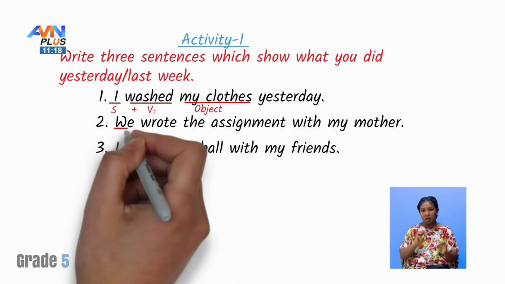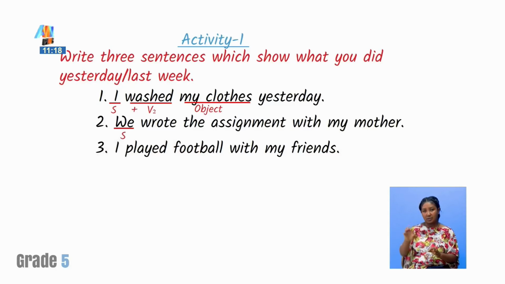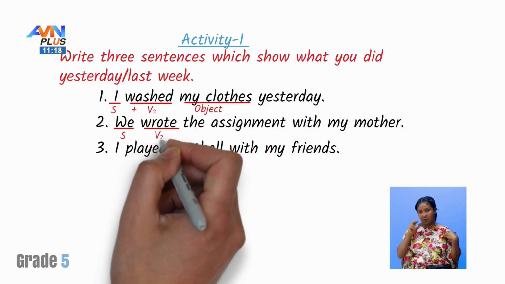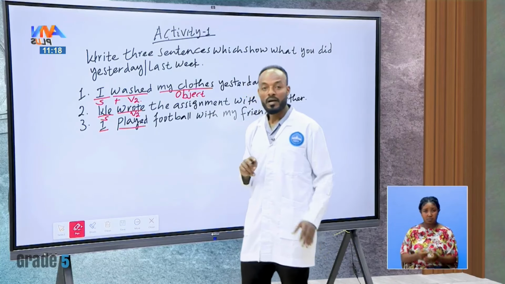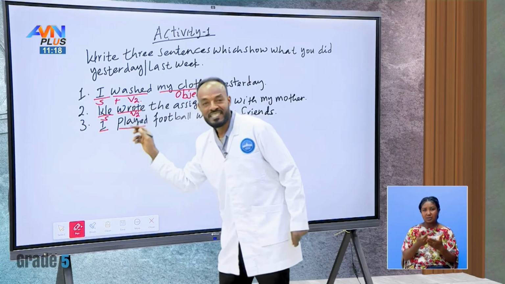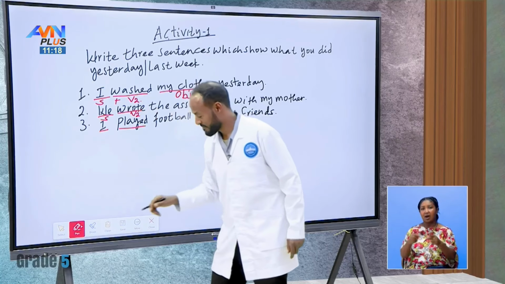We wrote subject here. Another one is the verb 2. Here is the subject also. Here is the verb 2. Is it clear? Good. This sentence can be said to be affirmative. Okay?